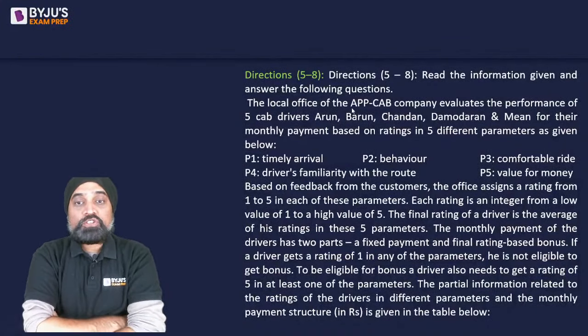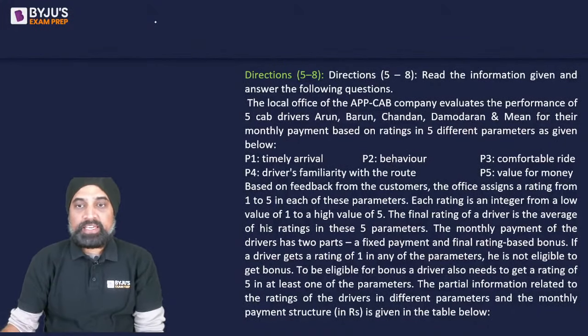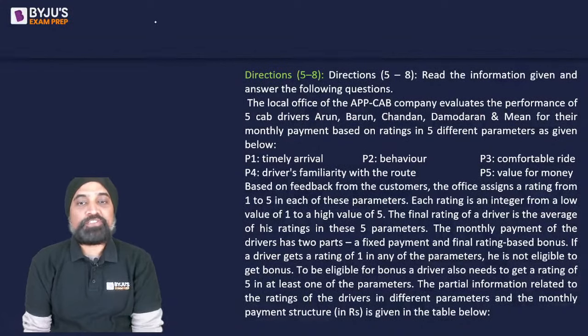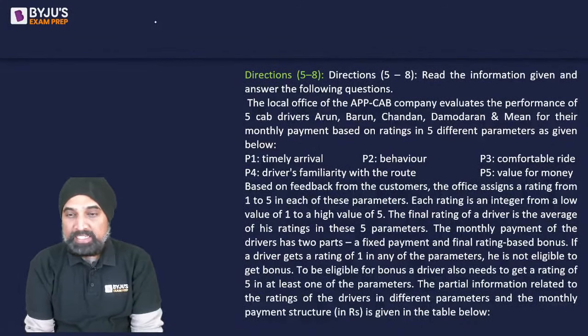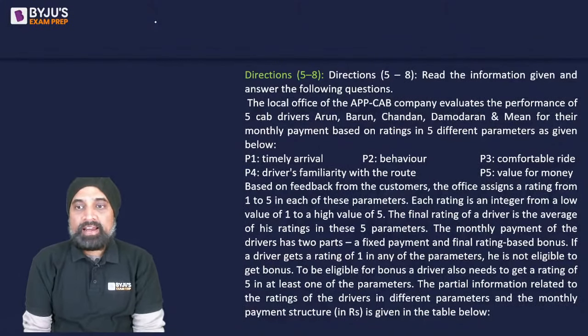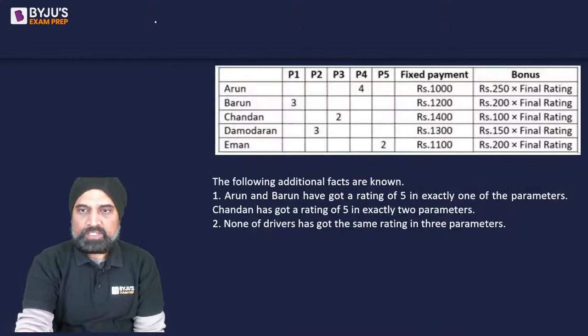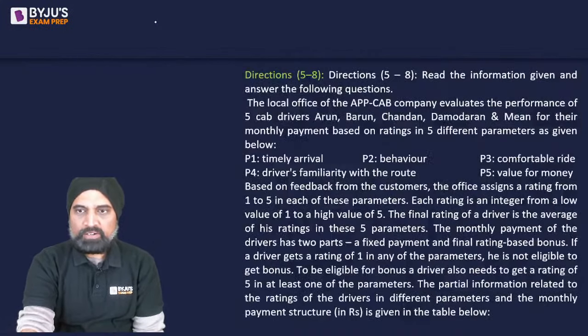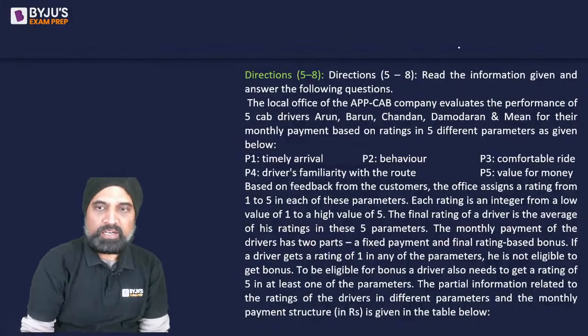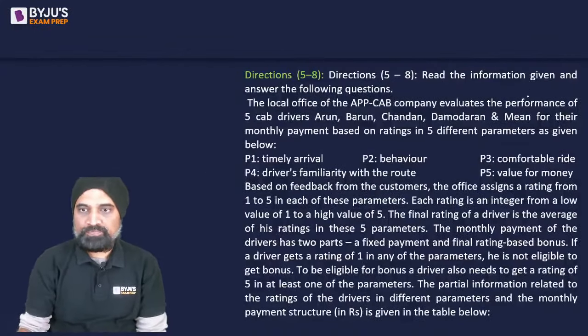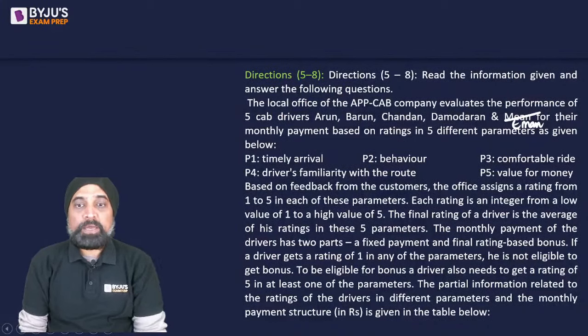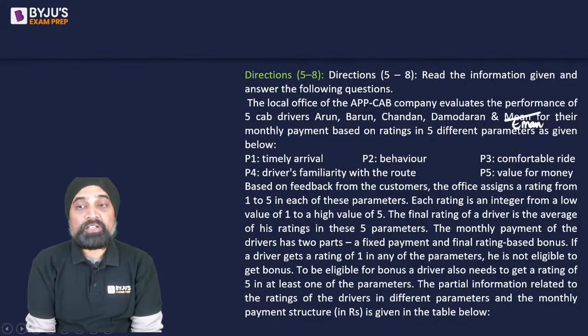The local office of the APP CAB company evaluates the performance of 5 cab drivers A, B, C, D and E for the monthly payment based on ratings in 5 different parameters as given below.